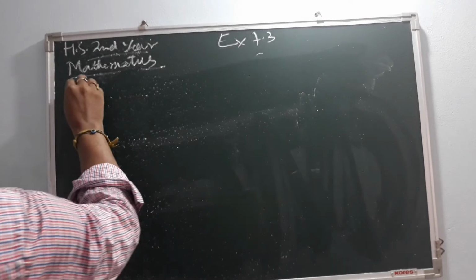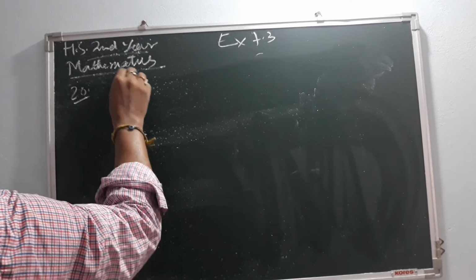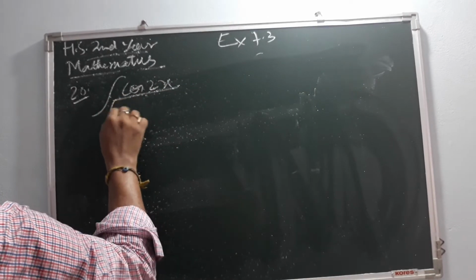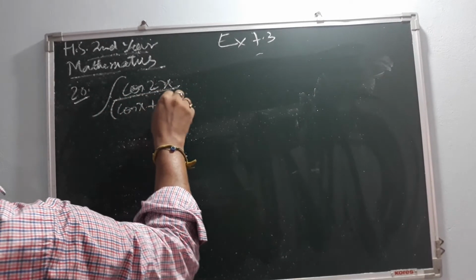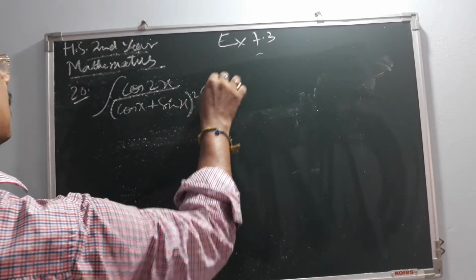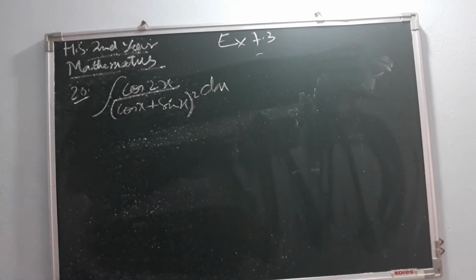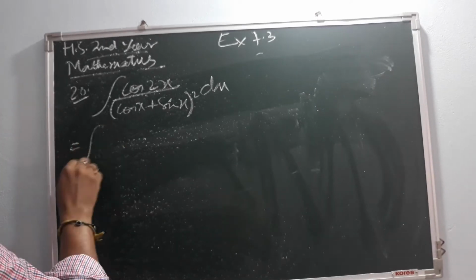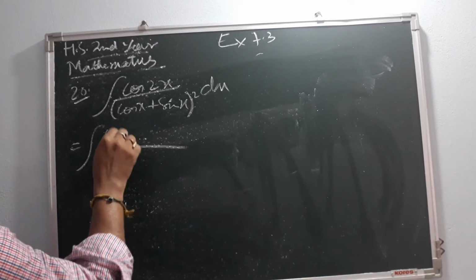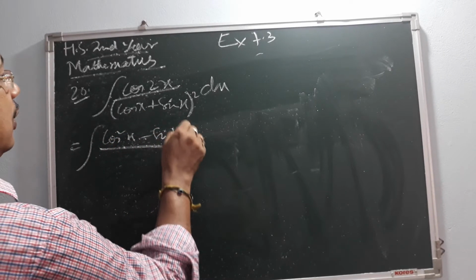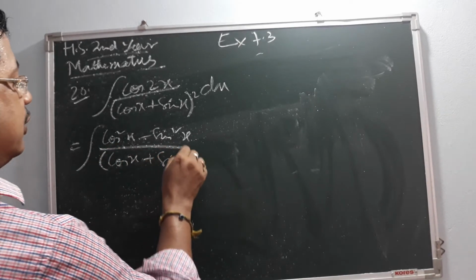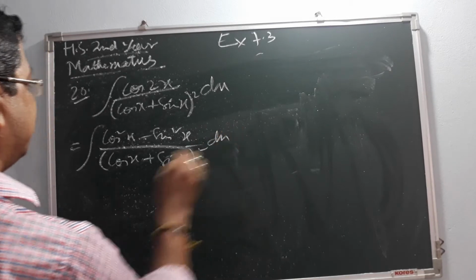Now question number 20: the integral of cos 2x by (cos x plus sin x) whole square dx. Here you will find what to do in this sum. We can break cos 2x with one formula, cos square x minus sin square x, and the denominator is (cos x plus sin x) whole square dx.